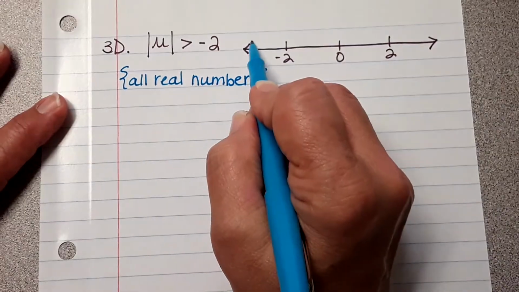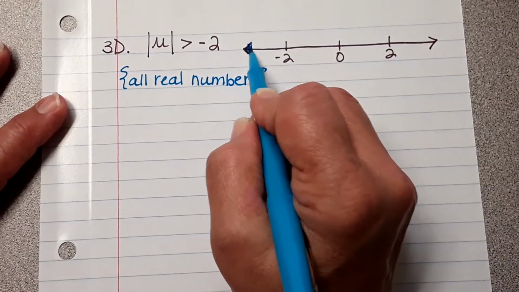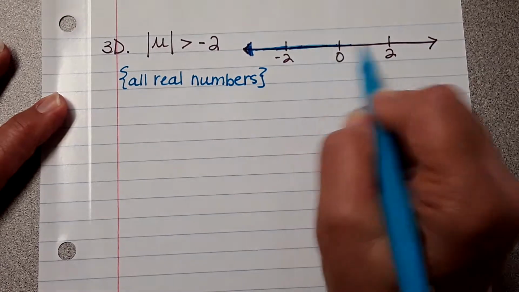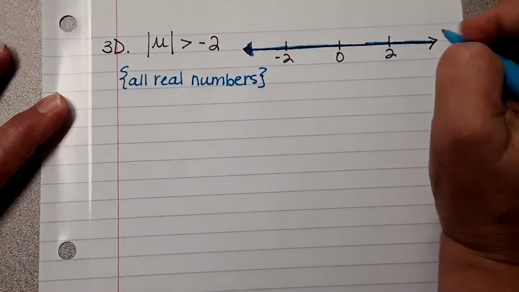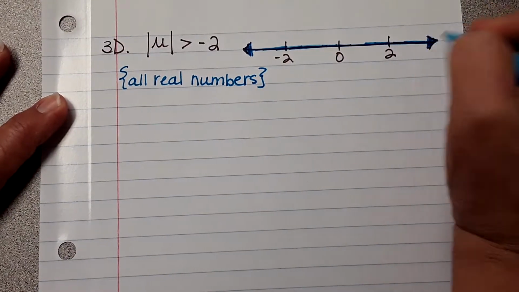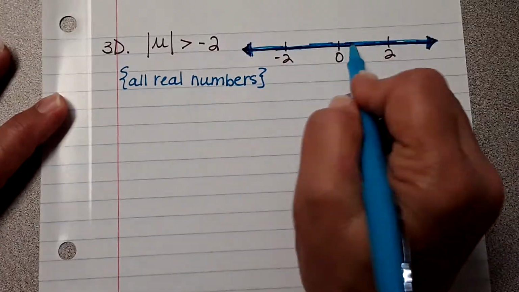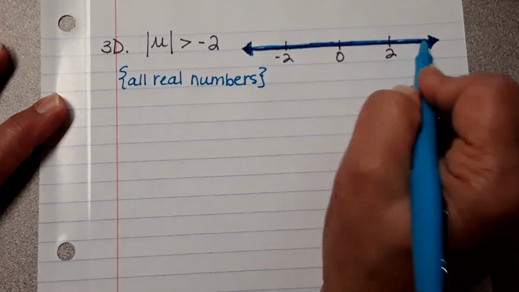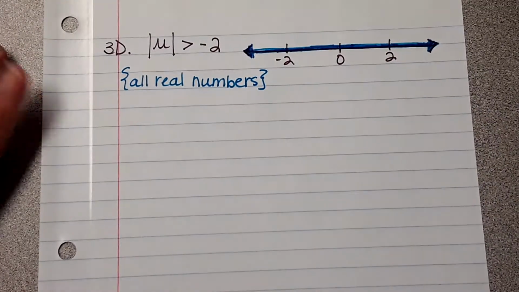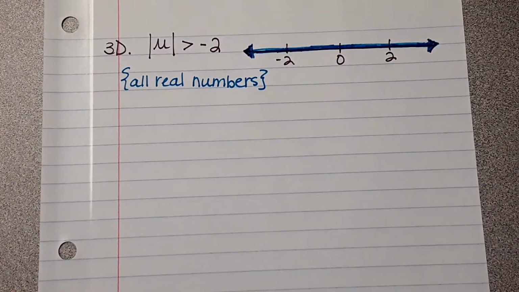And I'm just going to shade the whole thing in. So basically it means it doesn't matter what you put in there, it's going to make it a true statement.